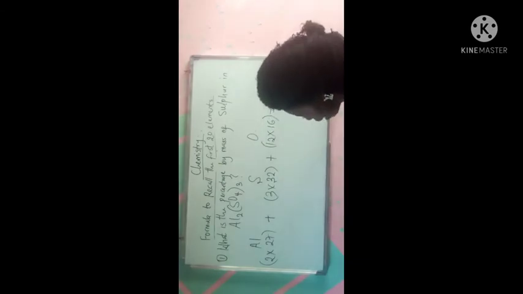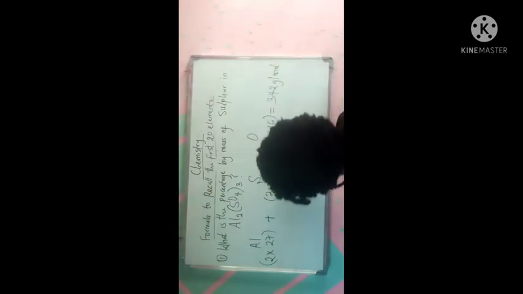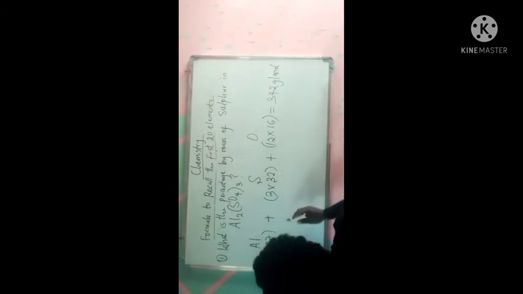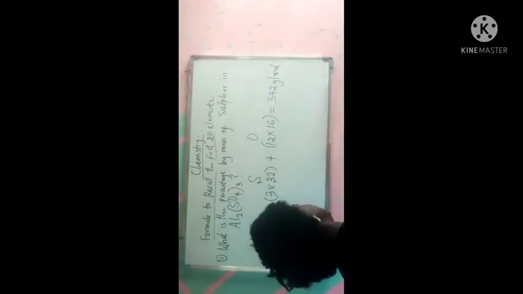Now the next thing I was asked to do is to look for the percentage composition of sulfur in this particular compound. So I'm going to take whatever sulfur has, the same way you solve for your probability in maths.